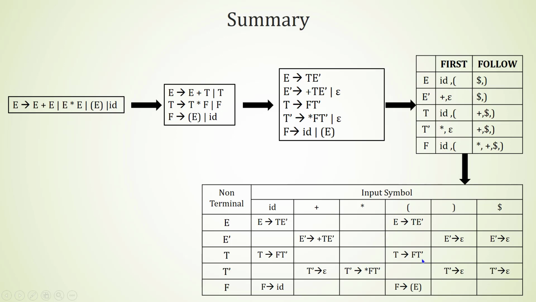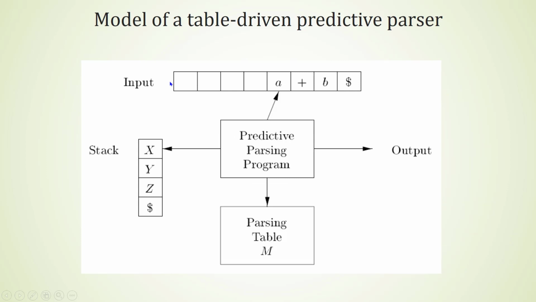So the aim of the parser is to convert a given input string into a parse tree. I will try to explain how a parser will convert a given input string to a parse tree with the help of an example. This is the model of a table driven predictive parser. There will be a stack, and the bottom of the stack will always contain dollar.